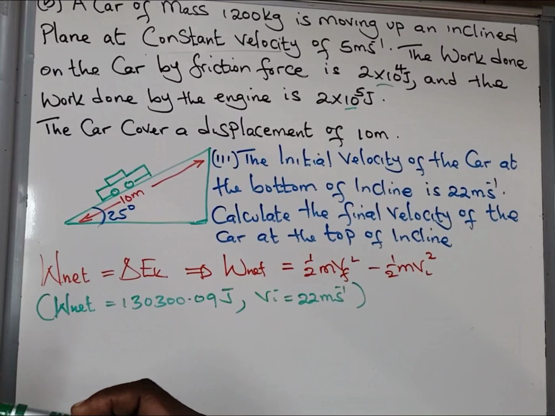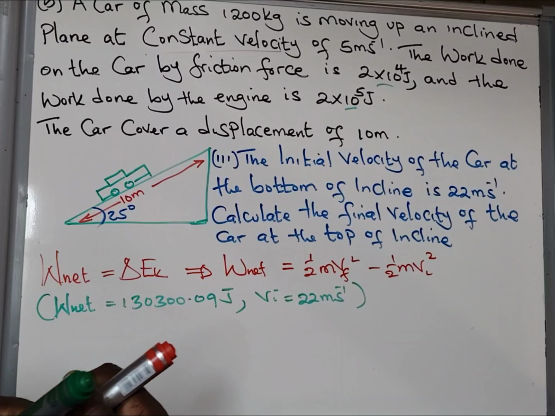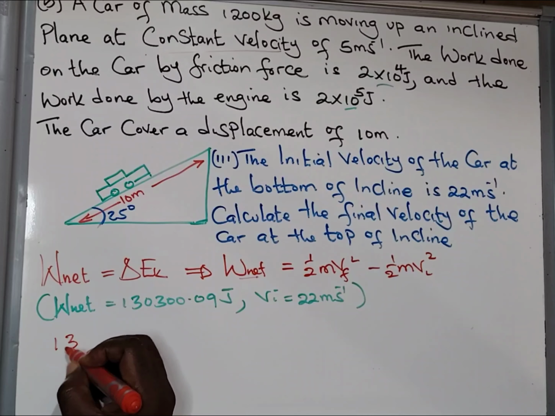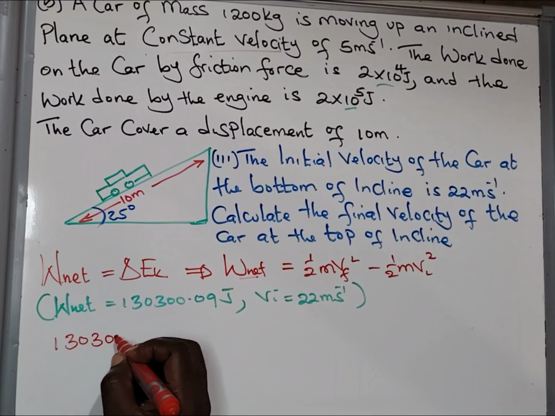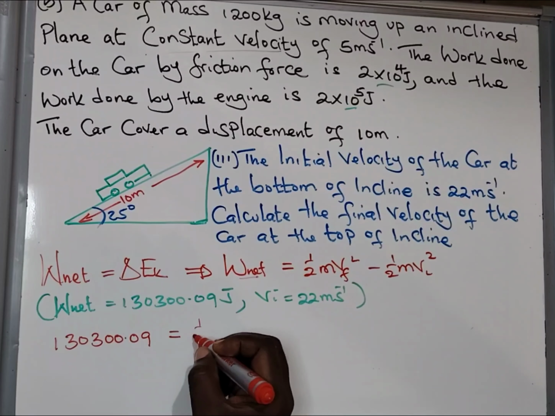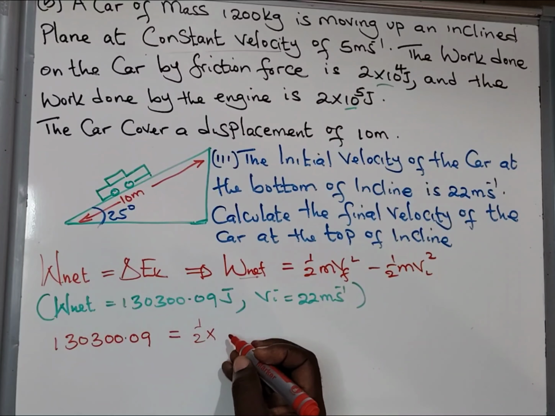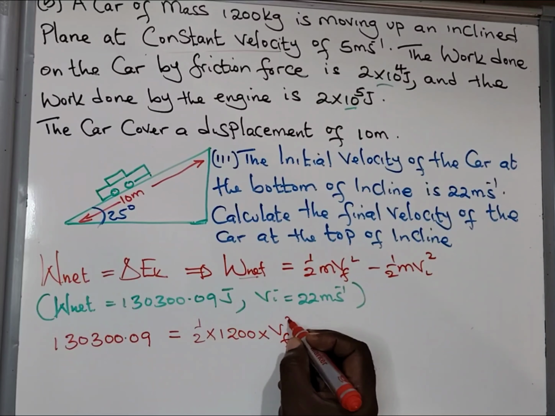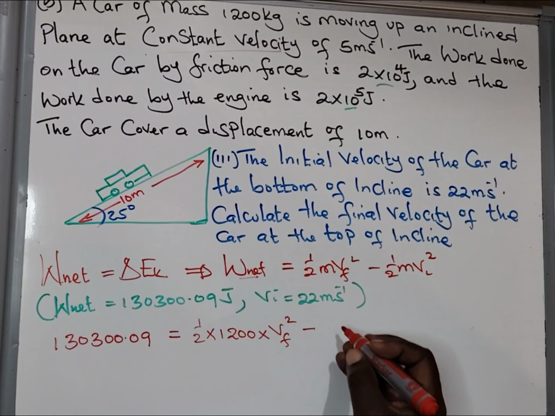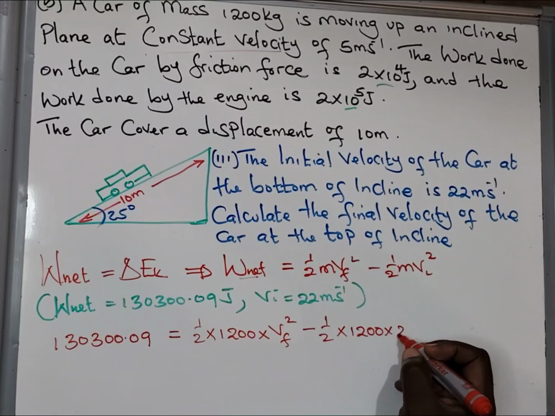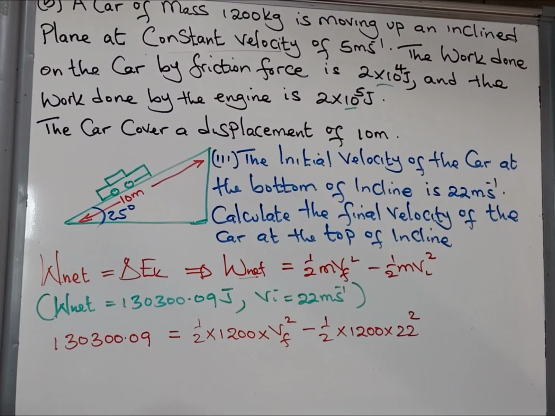So when we substitute for those, we have it as that. Then we have a half. The mass of the car is known, it is 1,200. We don't know the final velocity, but we are looking for it. But we know the initial, which comes with this.